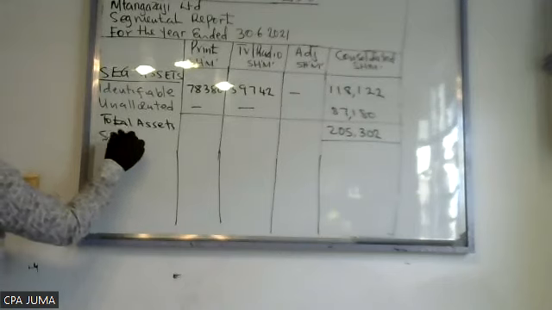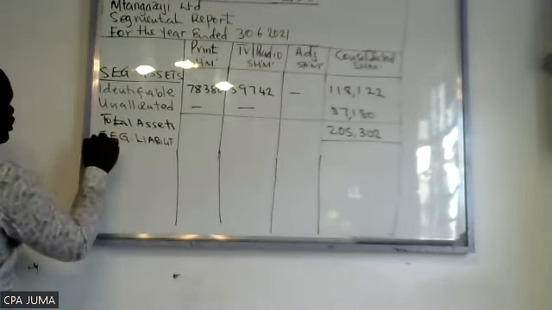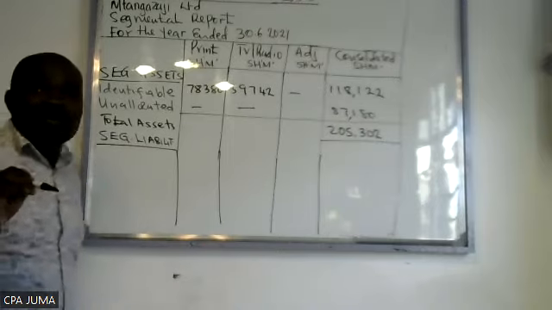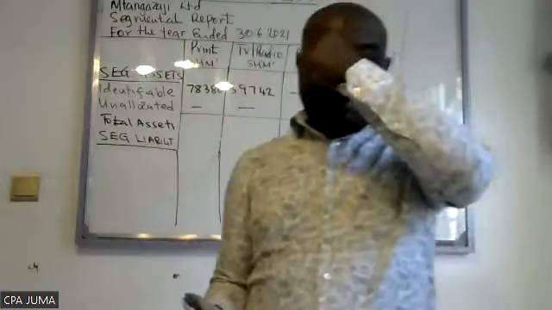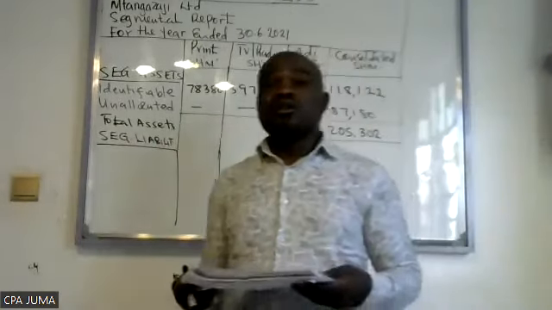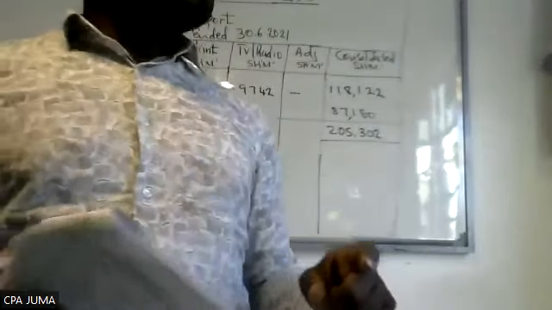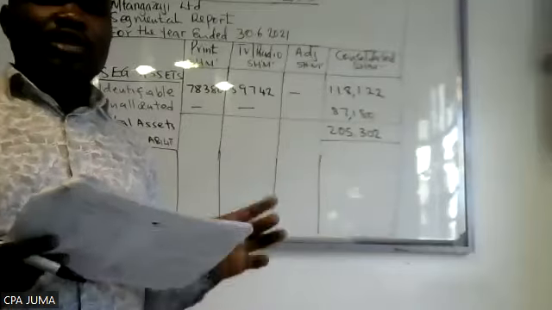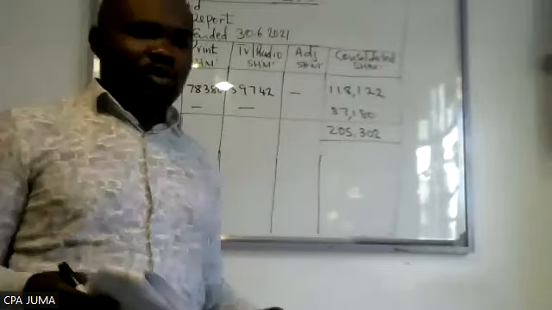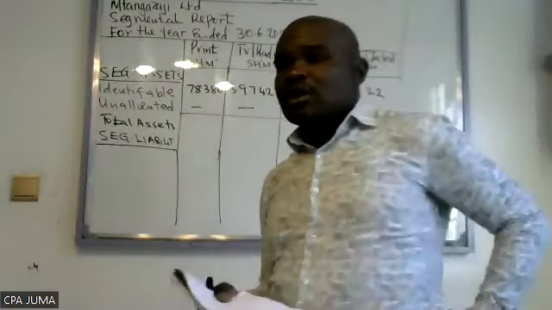So segment liabilities. There is a handout for group accounting. We are starting our group accounting in the next class, that is on Saturday in the morning. So please print it, have it on your table, because we will discuss it in detail.